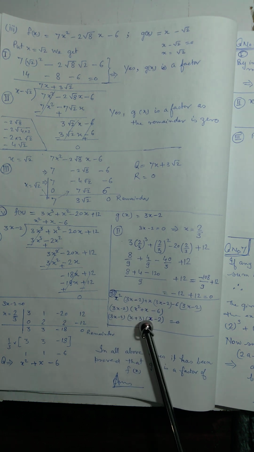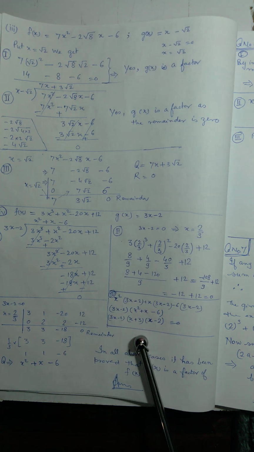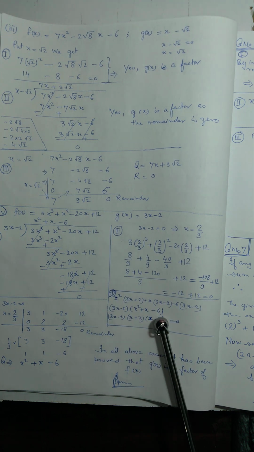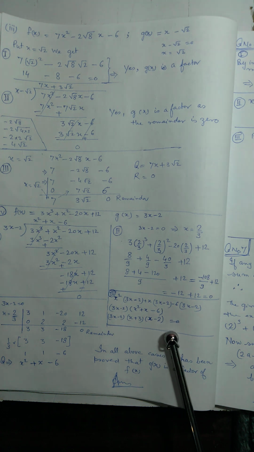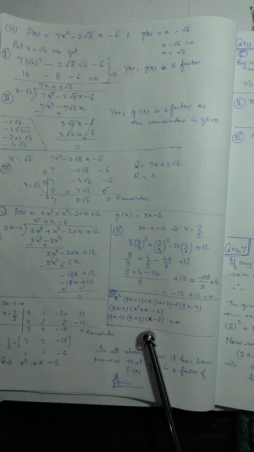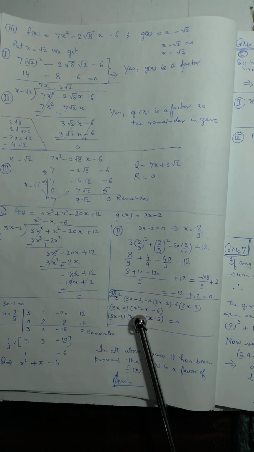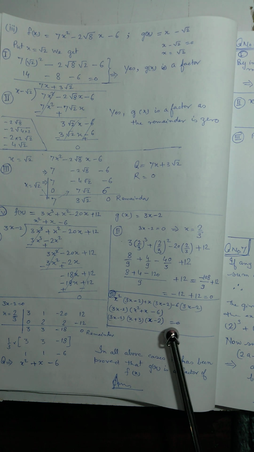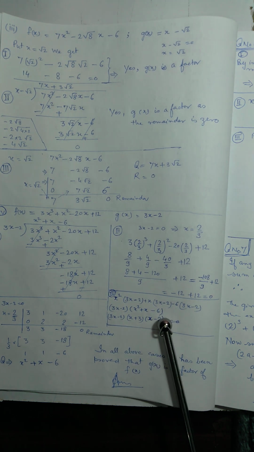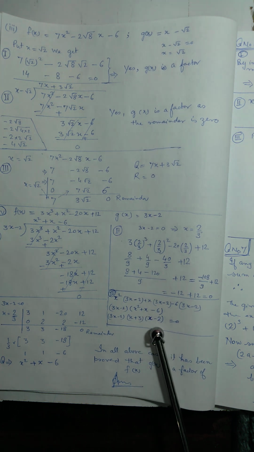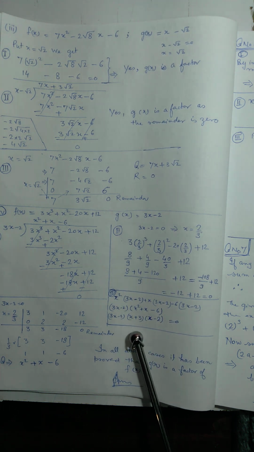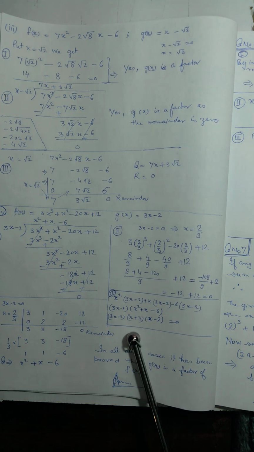This x square plus x minus 6 can also be factorized. You see the last term is negative, minus 6. So while you are splitting the middle part, you have to see that the lesser should be negative, because the last is negative. There are two chances, that is 3 and 2, 3 times 2 is 6.